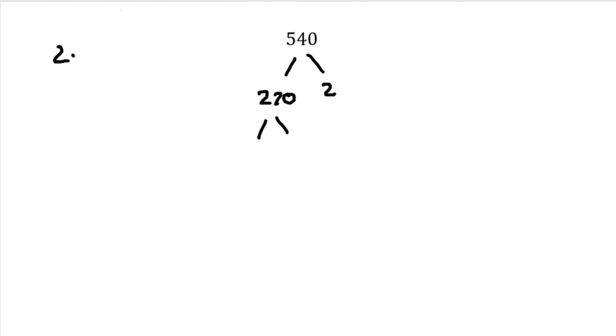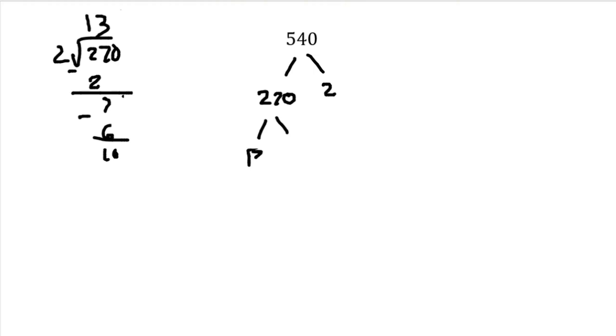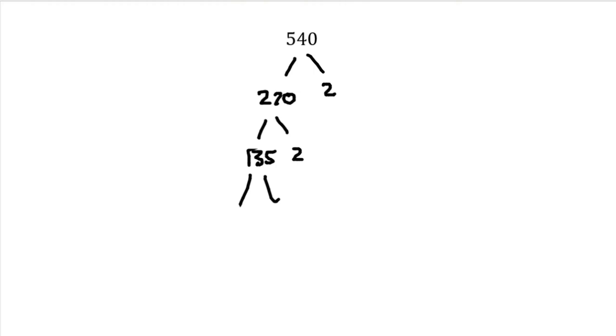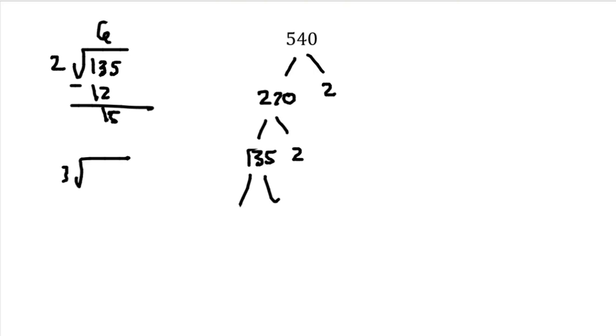Let's try this. We're just going to use long division here. So we get 135 by 2. Can we divide 135 by 2? No, because it's odd. We can see that 5 is odd, right? So if we try it, we will get a decimal.